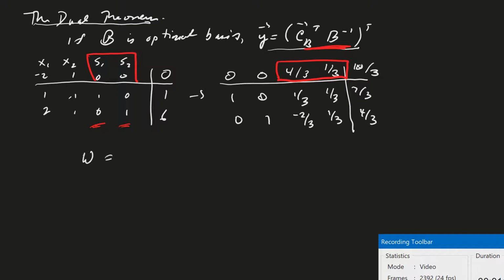This is w equals 1 times 4/3 plus 6 times 1/3, and that gives us our 10/3. And so that is the same thing as our optimal z value. So z equals w, and from our strong duality we said that we have an optimal solution.